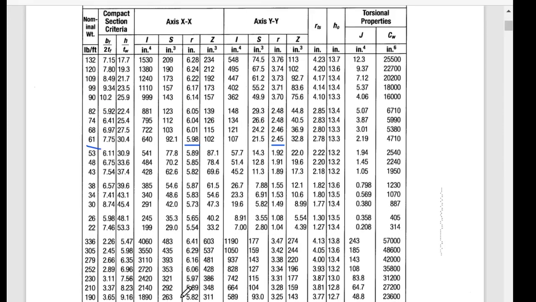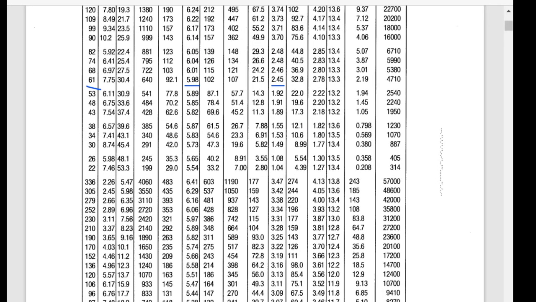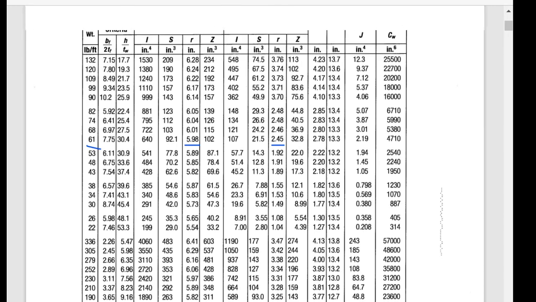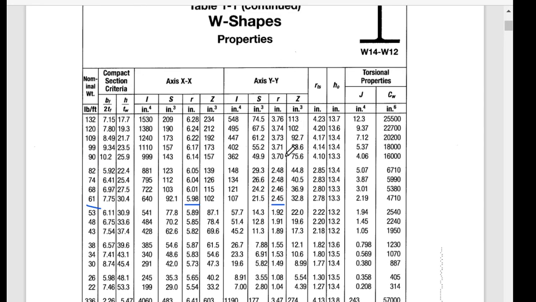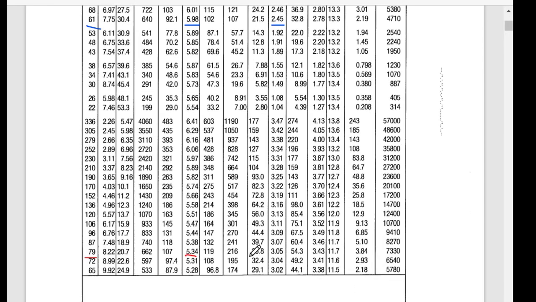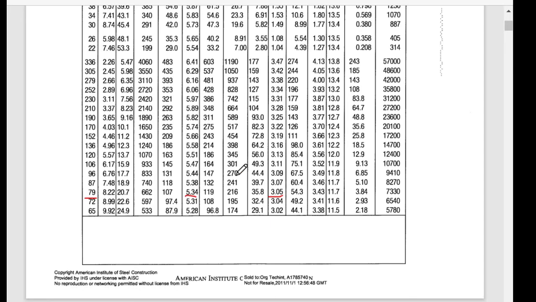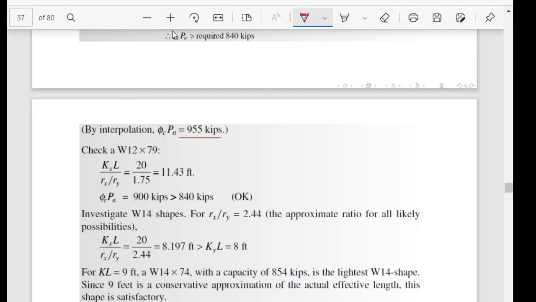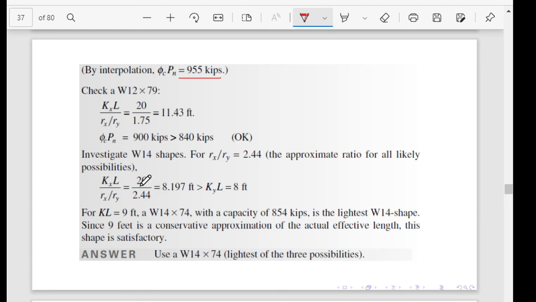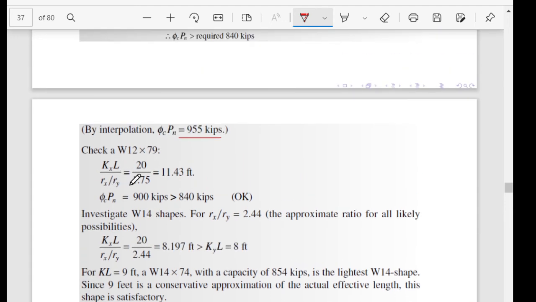W12 by 79, the radius of gyration along x is 5.34, and along y is 3.05. So kuan nimo ang ratio ana niya, the answer is 1.75. Then compute no the actual value of your KXL or the effective length along the strong axis.